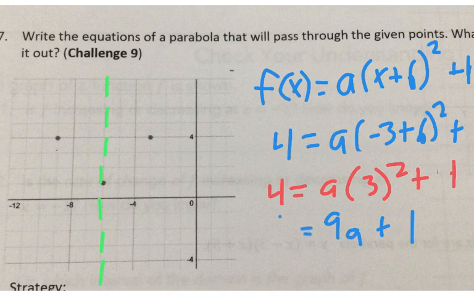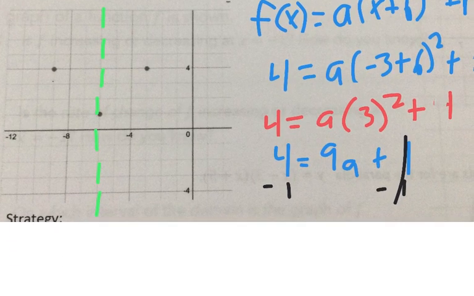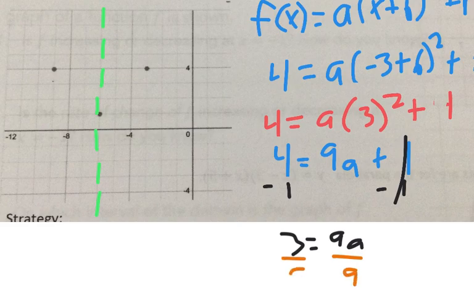Equals 4. Now subtract 1. So I have 3 equals 9a. Divide by 9. So a equals 1/3.